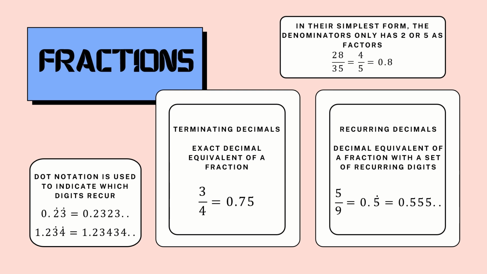So it means only 3 and 4 get repeated again and again. So the result is 1.234343434, and it will continue with no end.